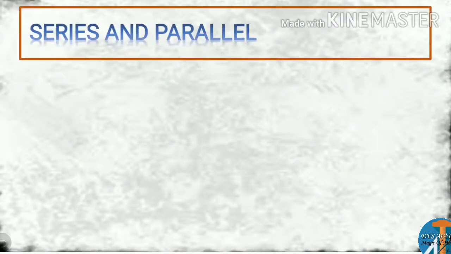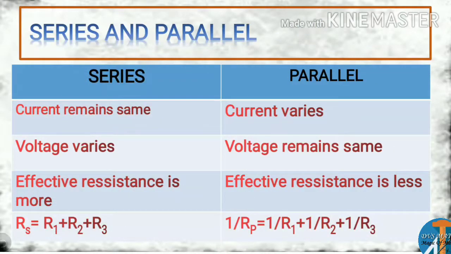Now if we come to the difference between series and parallel, you can observe current remains the same in series, because when it is flowing one after the other, current remains the same. But voltage varies in series.